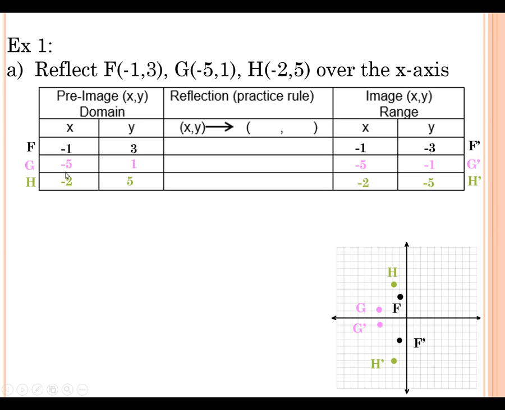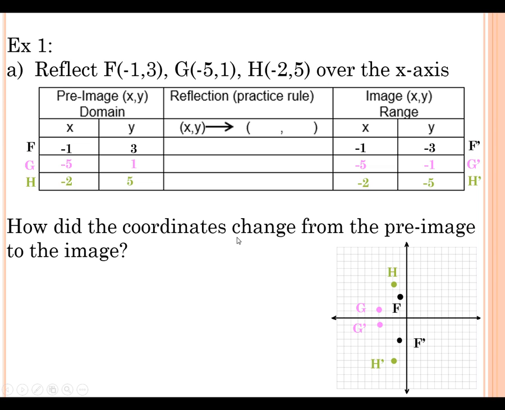G was (-5, 1), but then it became (-5, -1). H was (-2, 5), but after being reflected, it became (-2, -5). So do we see any of the point values changing between the x or the y? What do you think we could do to these points to get to these points? How did the coordinates change from the pre-image to the image?